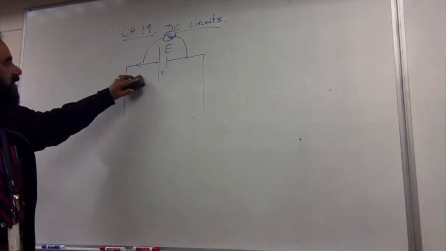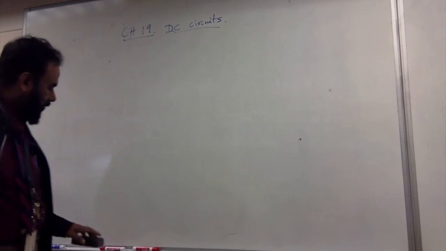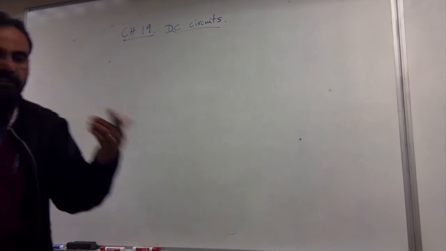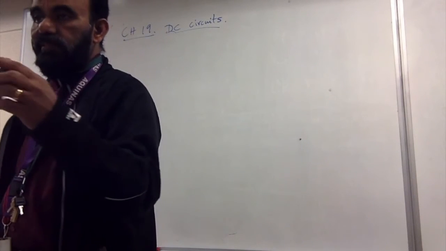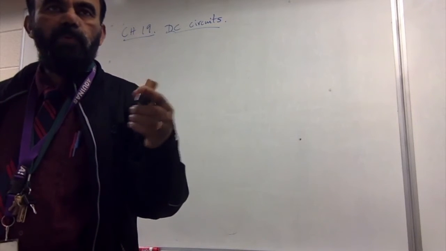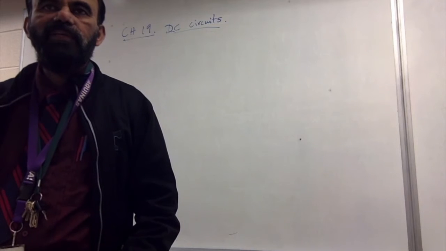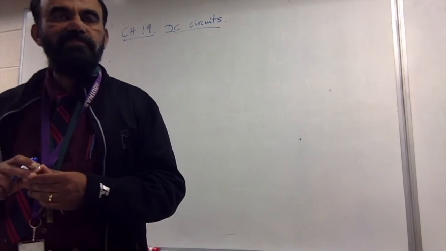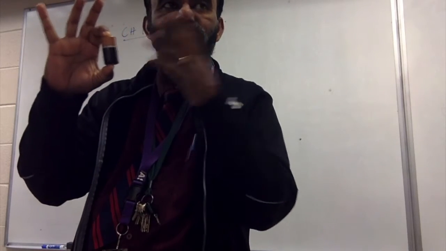Now, how can we investigate the internal resistance of a cell? How can you measure the internal resistance of a cell, or the EMF of a cell? When you connect a voltmeter across it, what does the voltmeter read? The external drop. As soon as you connect a voltmeter, it is drawing a little current, which means there is an internal drop already present.